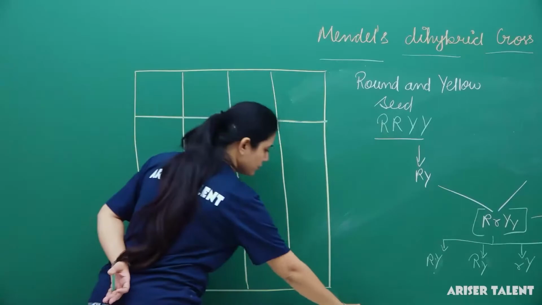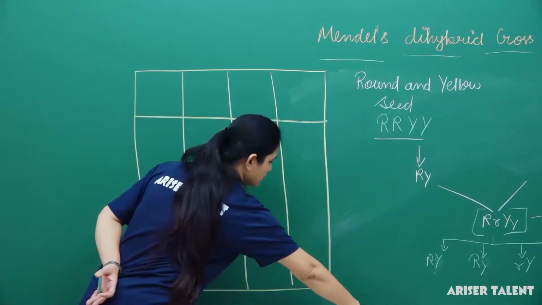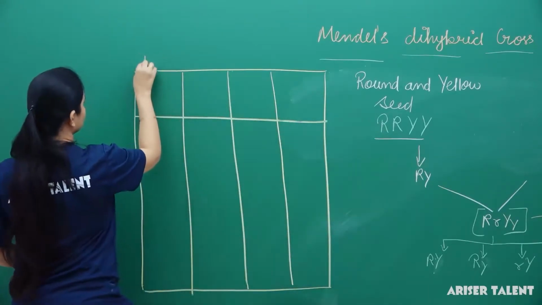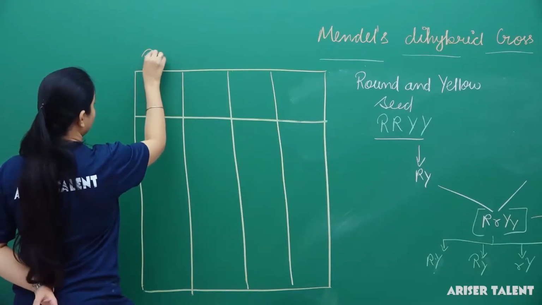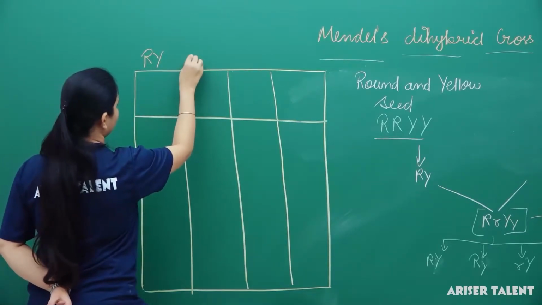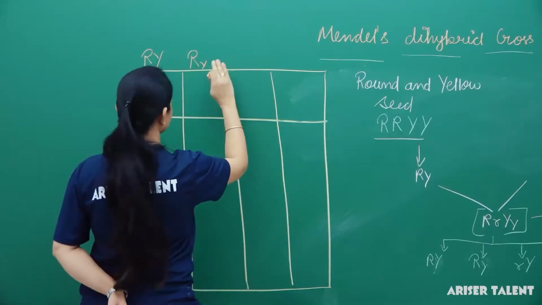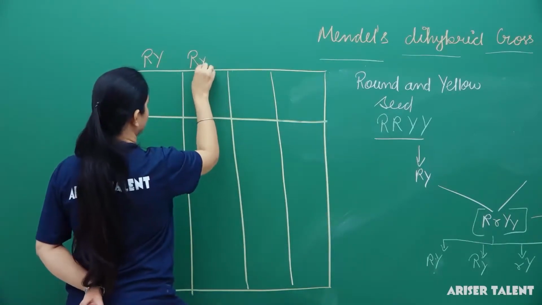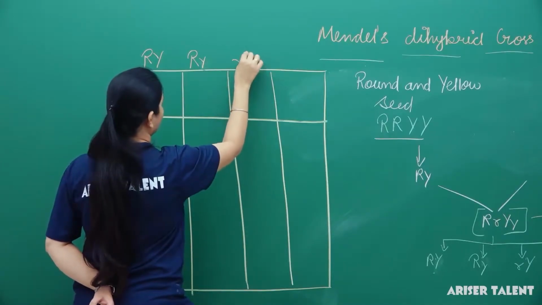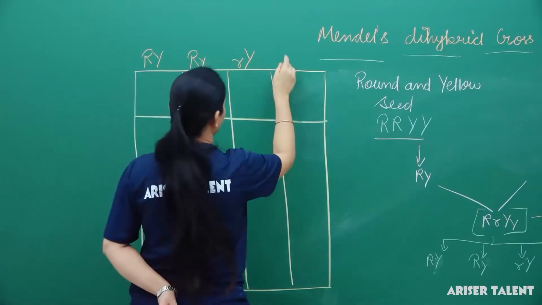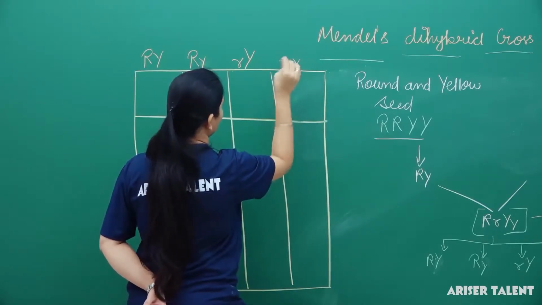here, we can mention capital R, capital Y; capital R with small y; then small r with capital Y; and then small r and small y.